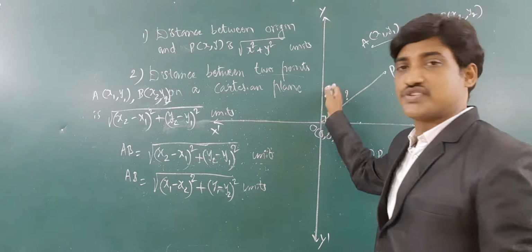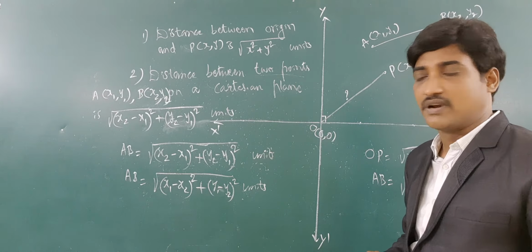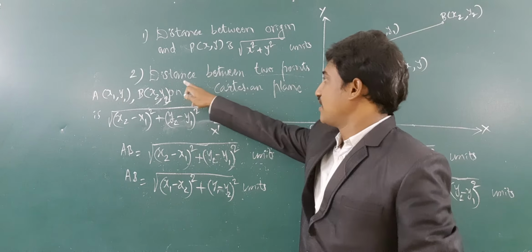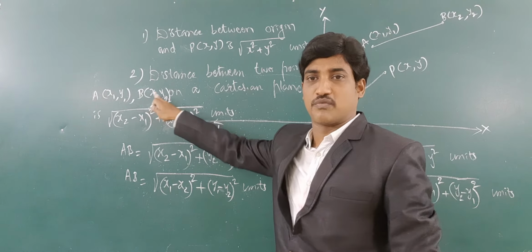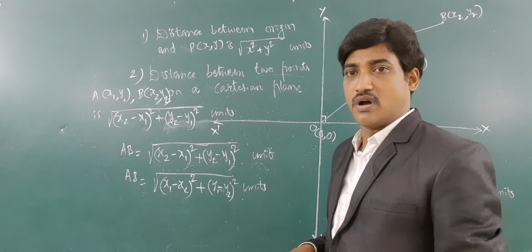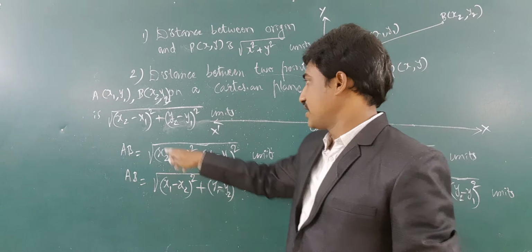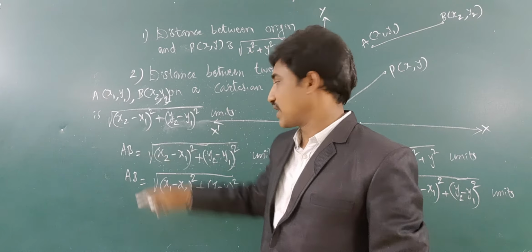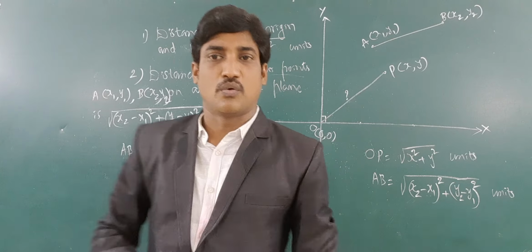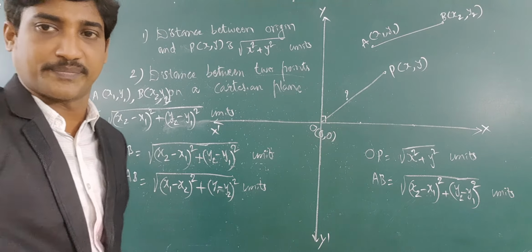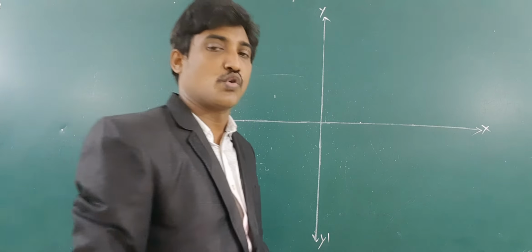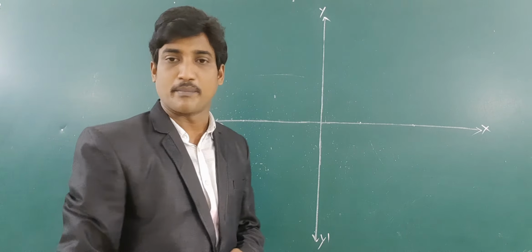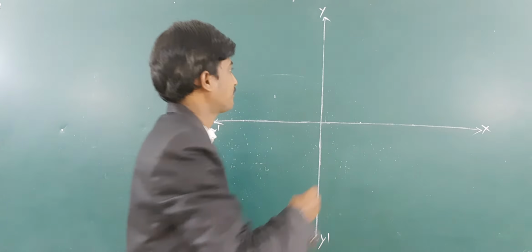Let us prove this distance formula. Let us prove that the distance between 2 points A(x1, y1), B(x2, y2) on a coordinate plane is square root of (x2 minus x1) whole square plus (y2 minus y1) whole square units. To get the distance formula, I am taking 2 points on a coordinate plane.